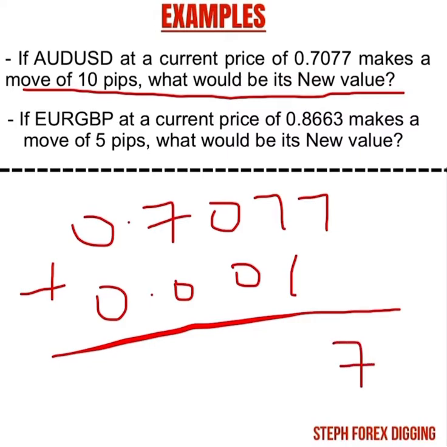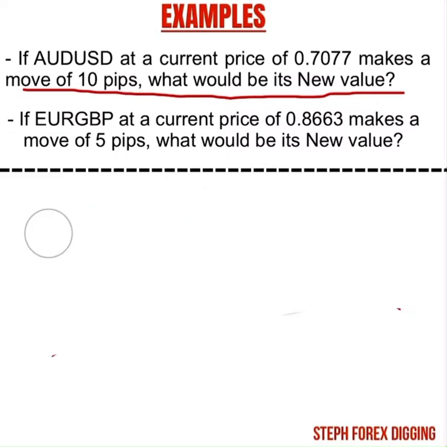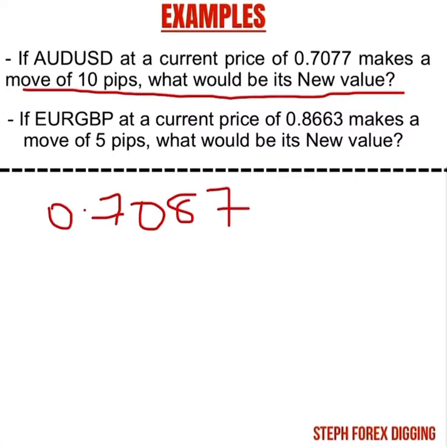So 7 plus 1 is 8, 0 plus 0, 7. So our answer is 0.7087. That's the new value. So it moved by 10 pips.